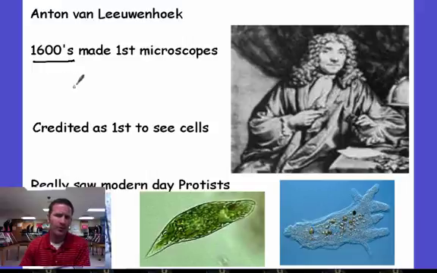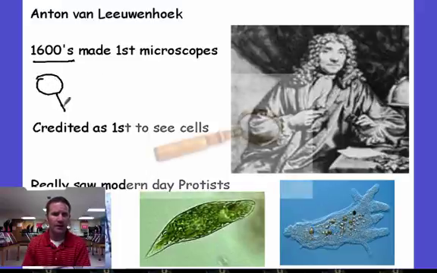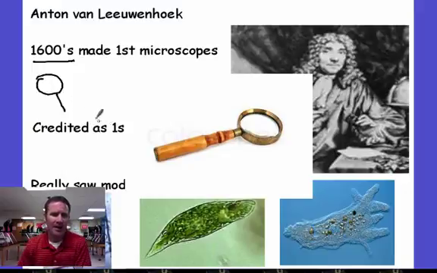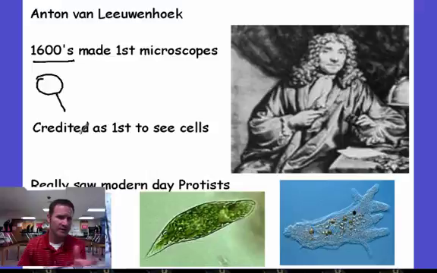His microscopes predominantly consisted of what would be hand lenses today. He's got a little lens with a little hand on it, and that looks like a lollipop. He would just make microscopes out of lenses and things. He might add light to it, he might add a candle, but they were very, very rudimentary, very old. And so he made some of the first microscopes, and he is actually credited as seeing the first cells.